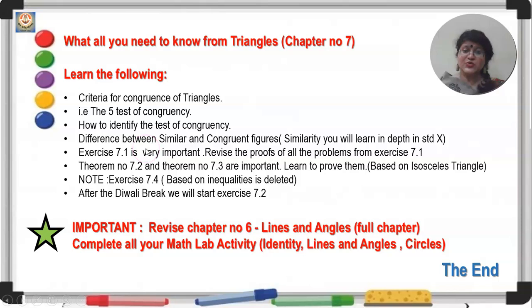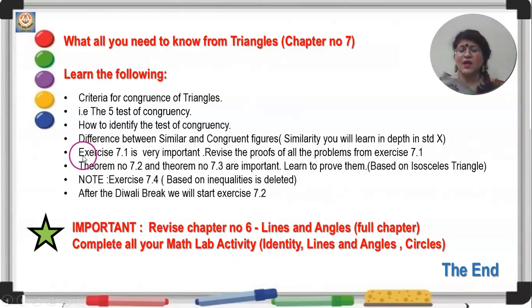And also in the beginning, students, I had discussed the difference between similar and congruent figures. Of course, similarity you're going to learn in detail only in 10th standard, but you should be able to identify just by mere observation whether the triangles are similar or congruent. Like if I draw a small obtuse angle triangle and next to it a bigger obtuse angle triangle, of course those 2 obtuse angle triangles will not be congruent, but they will be similar.